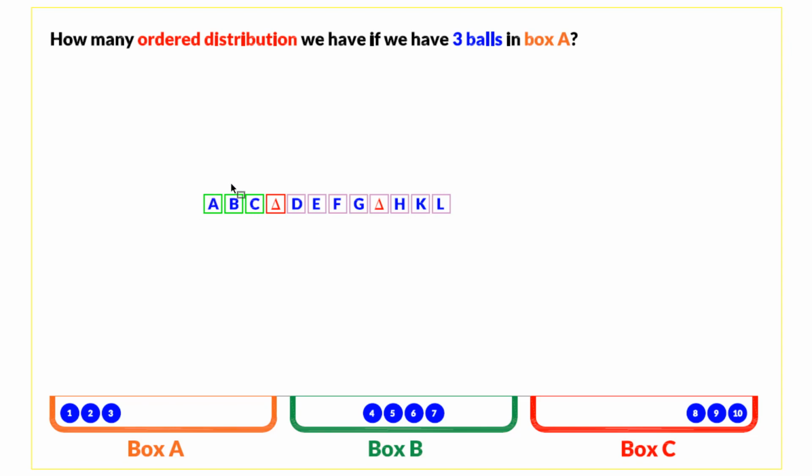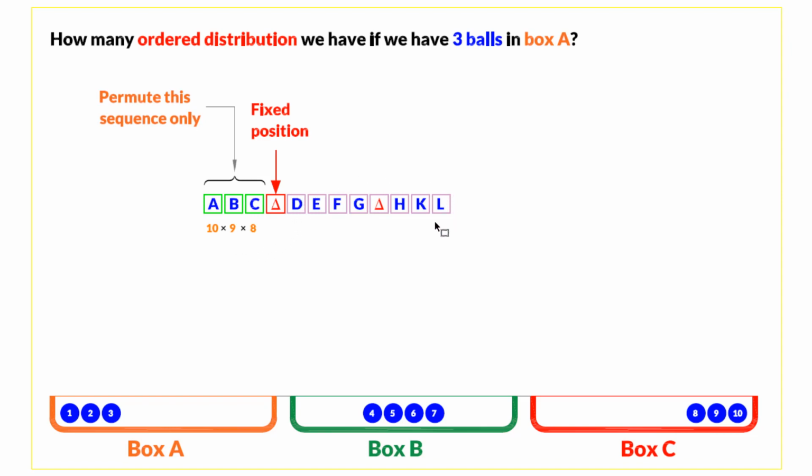So we have 3 balls in box A, and we highlighted them in green light, and delta here must be fixed in position. So A, B, and C can be permuted in how many ways? 10 times 9 times 8.